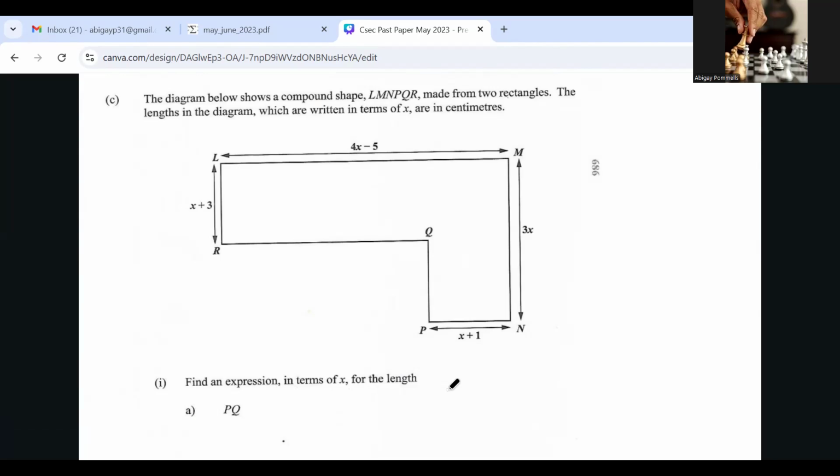Find the expression in terms of x for the length PQ. So right here we know that PQ is blank. That means that since it's made up of two rectangles, I am going to cut this into two.